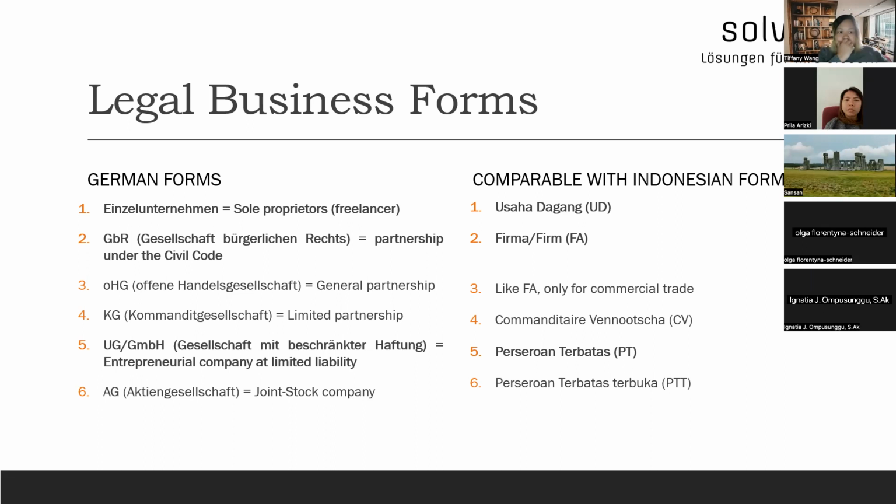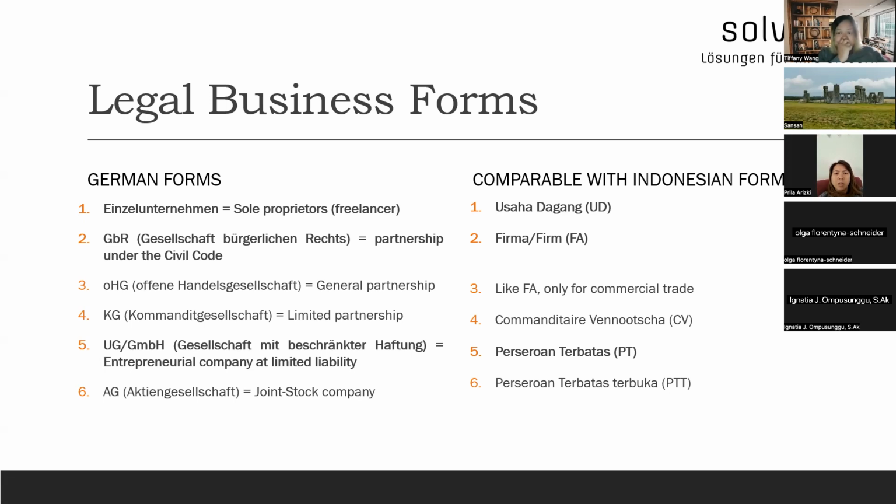So Einzelunternehmen, so the freelancer, you could say, it's the usaha dagang. So I guess maybe you know it. If you start a business by yourself only and you don't make any special founding process like for the GmbH or something like that, then you're automatically a so-called Einzelunternehmen in Germany.